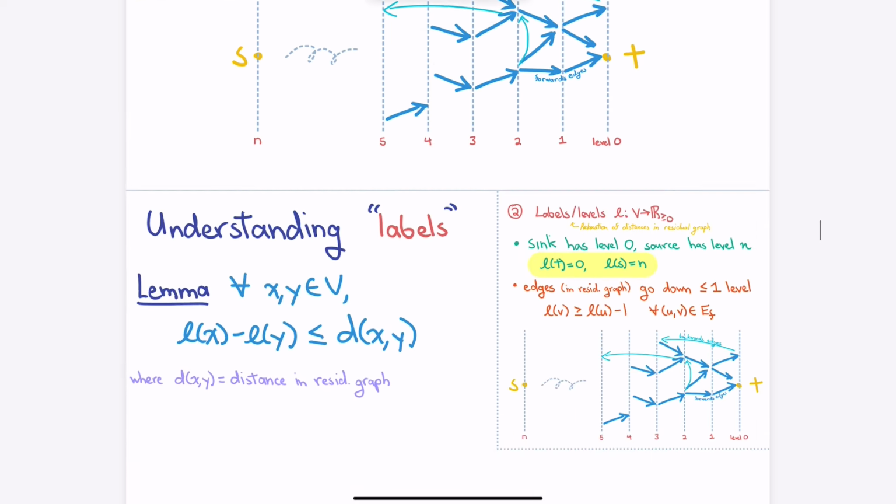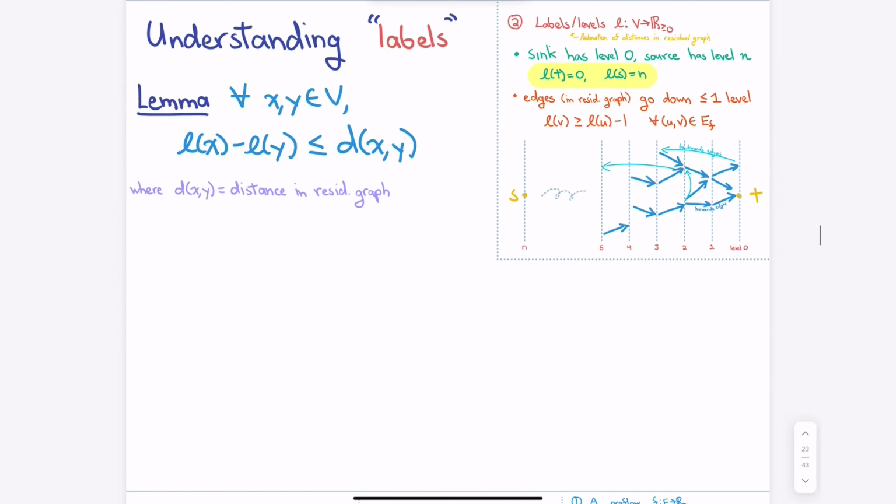So that means that the distance from S to T is always at least the label of S minus the label of T. And we had fixed the label of S to be N and the label of T to be 0, which is equal to N. So what's curious about this when it says that the distance from S to T is at least N?